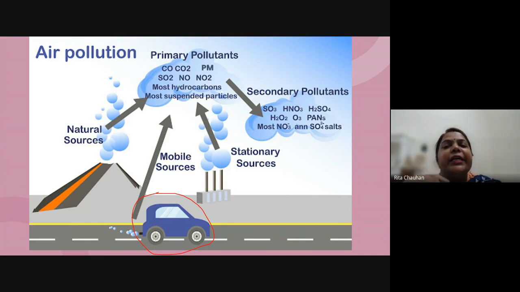When these are released to the atmosphere, they are called primary pollutants. When these primary pollutants react with other gases or water vapor in the atmosphere, they form the secondary pollutants.